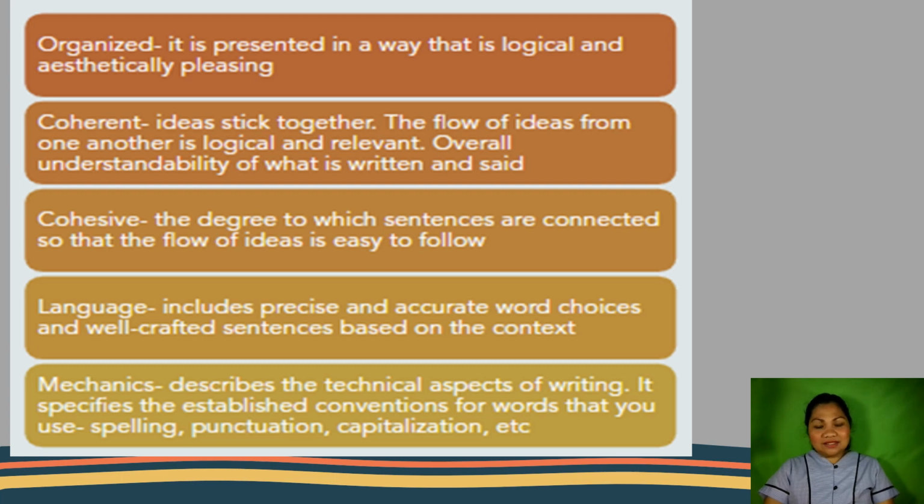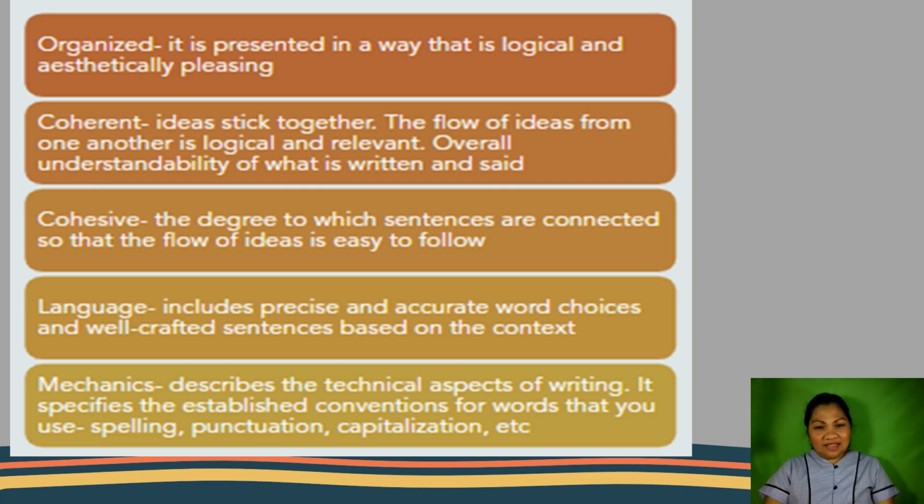The third one, it should be cohesive. What is that, cohesive or cohesion? It is the degree to which the sentences are connected so that the flow of ideas is easy to follow. Next, we have the language or the language use. What is that? It includes precise and accurate word choices and well-created sentences based on the context.